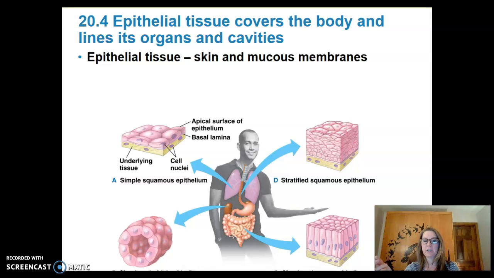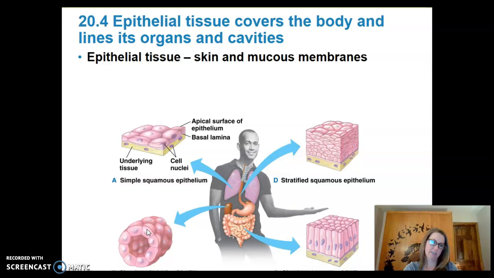The second characteristic that we use for classifying it is the shape of the cells. Cells can be squashed, or squamous, and look kind of like fried eggs. Down here we see, and I'm seeing that you don't see that on the slide, but this one is called cuboidal. So these cube-shaped cells all in a ring. Okay, so there's about 8 there. And here we see columnar epithelial tissue.